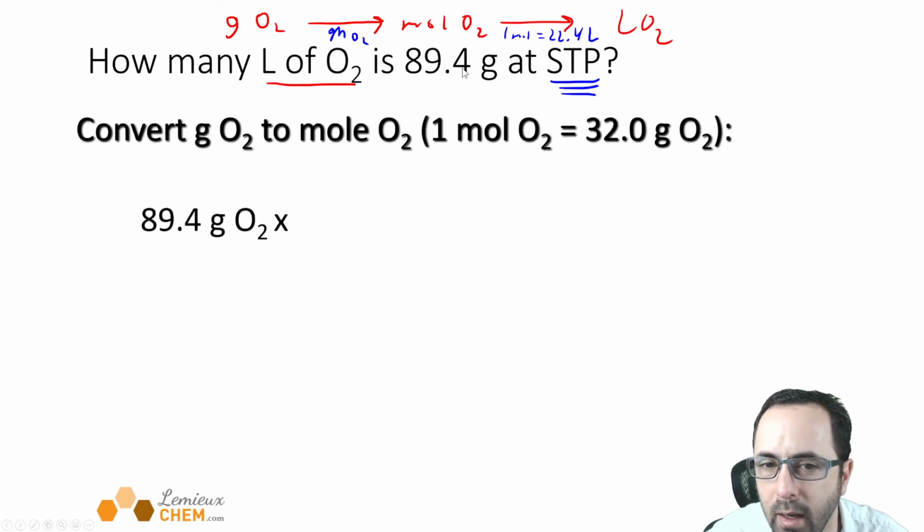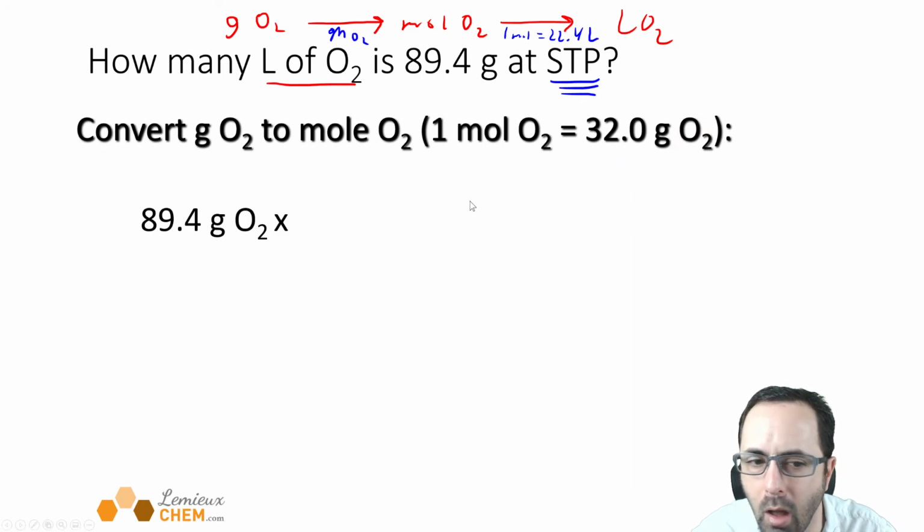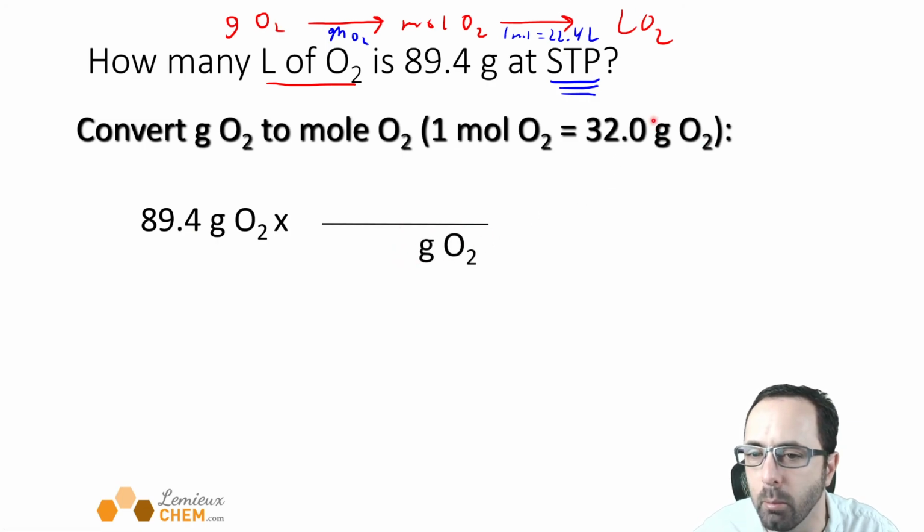So we write down our 89.4 grams, and 1 mole of O2 is 32 grams of O2. 2 times 16 is the 32. And we're going to put the gram part on the bottom, because grams need to cancel. So we put grams of O2, and the number that goes with grams is 32, and the other side is going to be 1 mole of O2.